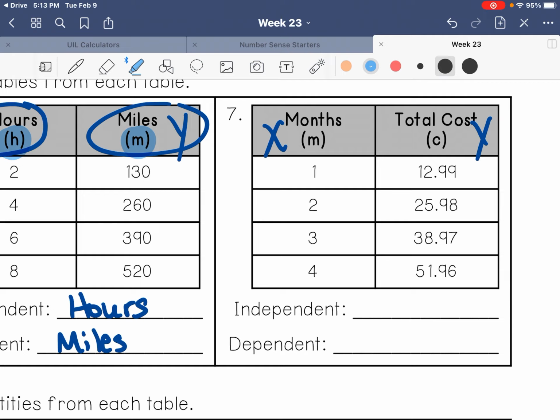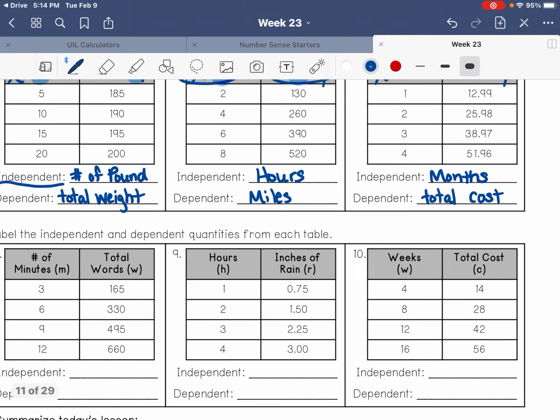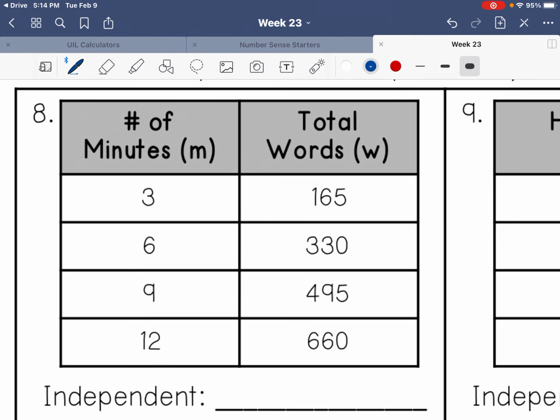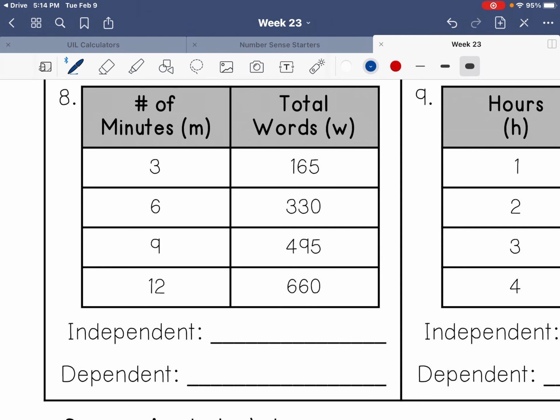Okay, number 7, months will be my independent quantity, and total cost will be my dependent quantity. All right, and then we move on down here to number 8, number of minutes. That's my independent quantity.